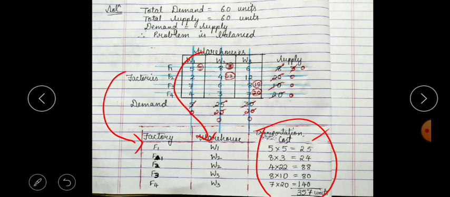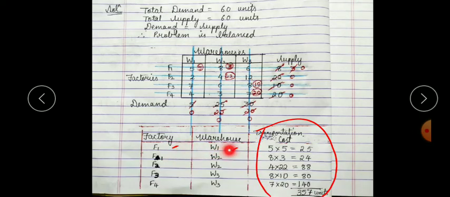So these three, all the factories in a row, f1, f2, f3, sorry, factories you should write. Now first allocation is here, f1 to w1. Fine.